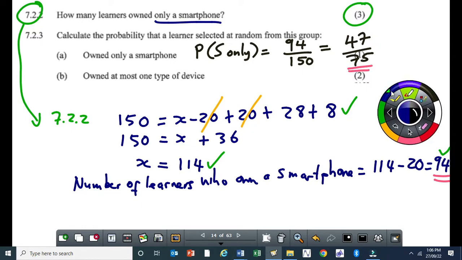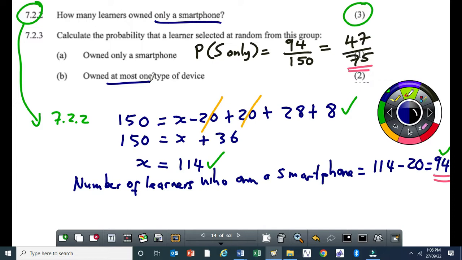Then the next question B says on at most one type of device. On at most. Now this is very, very interesting. That phrase at most is very important. If they own at most one type of device, right?